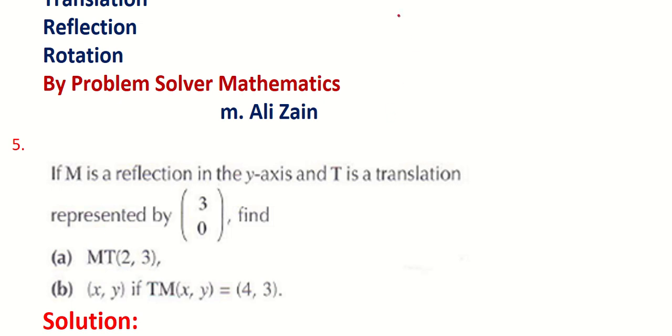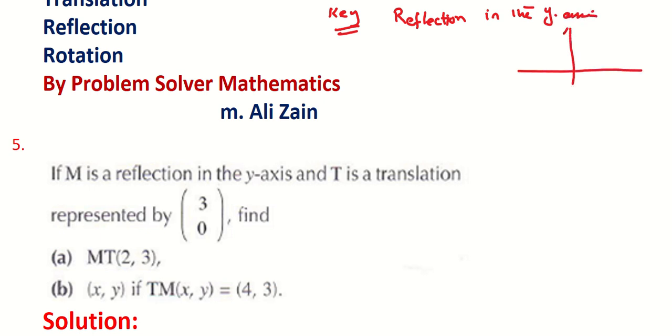For reflection in the y-axis, this is a key point. Always when we reflect any point such as (a, b) in the y-axis, just change the sign of the value of x, which is a in this case.